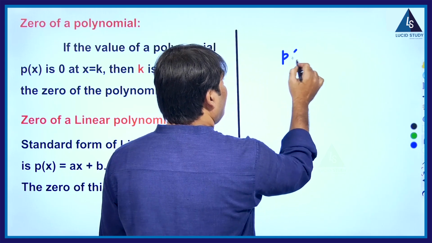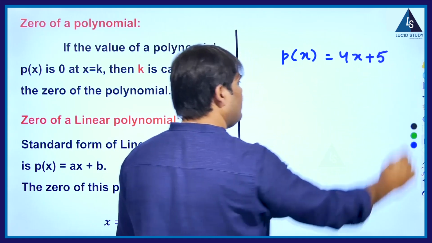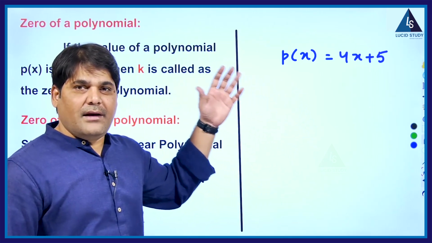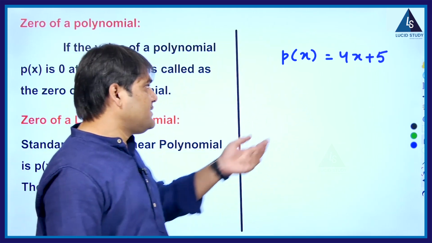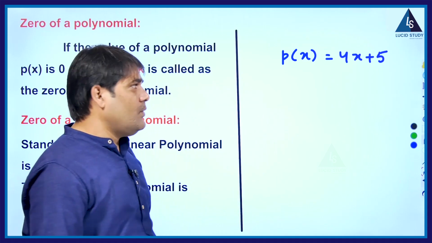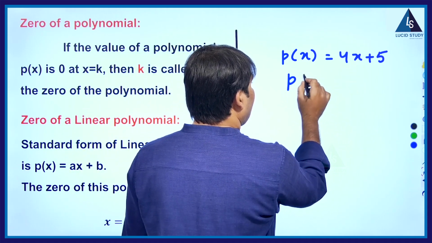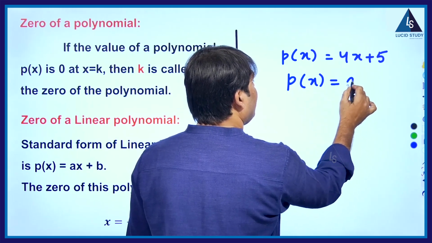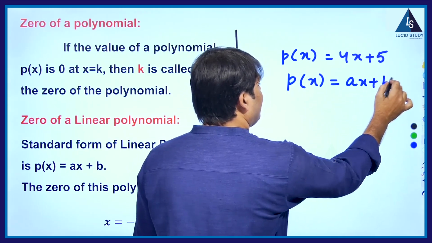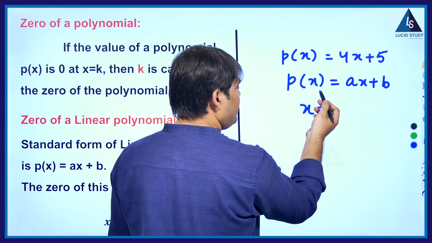Suppose there is a polynomial p of x is equal to 4x plus 5. We have to find the 0 of this polynomial. What value should I substitute here so that I will get the answer as 0? Very easy, right? This is simply like our standard form ax plus b. Then what is the value of x here? What is the 0 of this polynomial?